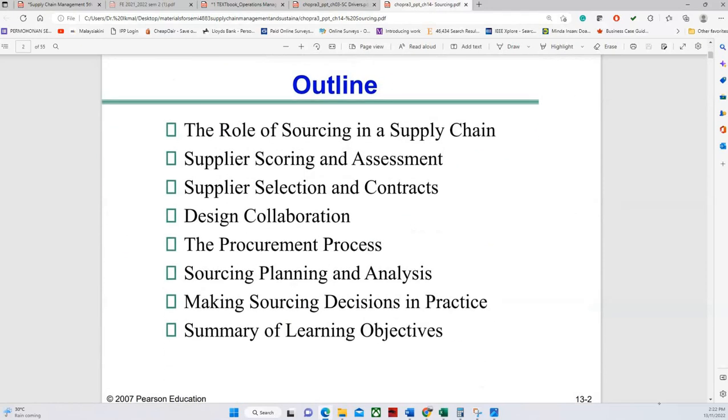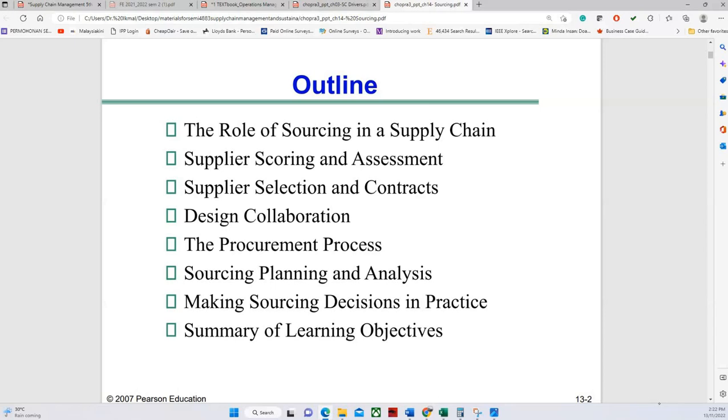All right, so the outline for the topics: you are going to learn about the role of sourcing, supplier scoring and assessment. This is going to be a part of your group project, doing the scoring and assessment. But what I'm going to teach you is not limited to that.